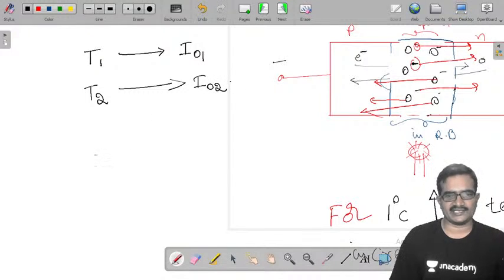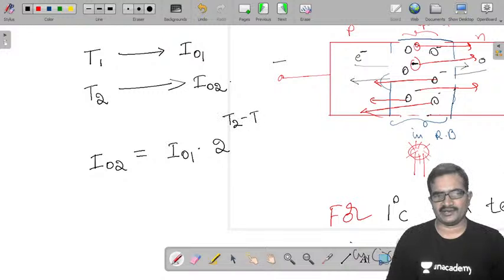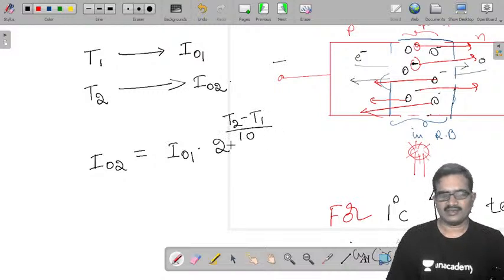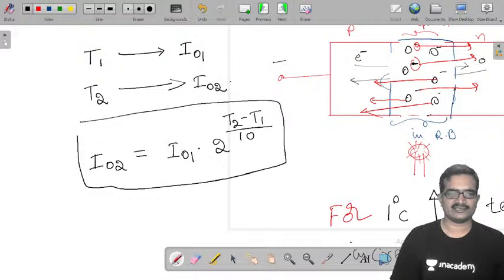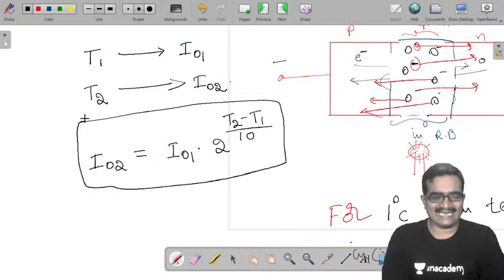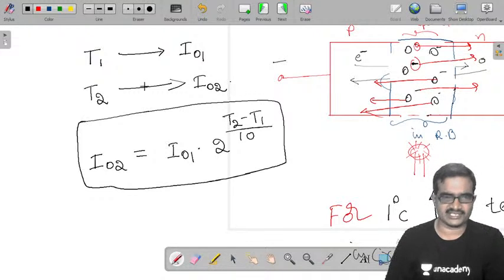Now we can relate these two: I naught 2 equals I naught 1 into 2 power (T2 minus T1) by 10. By using this equation, you can calculate the change in reverse saturation current I naught. So this equation is important.